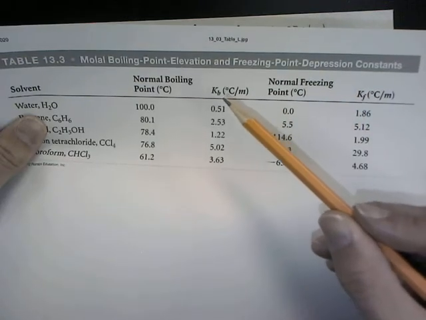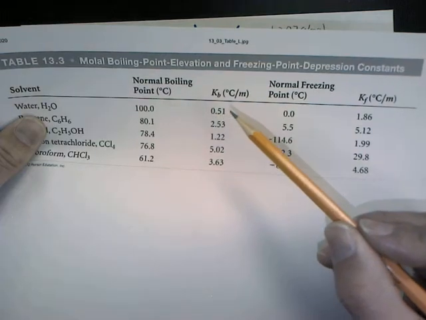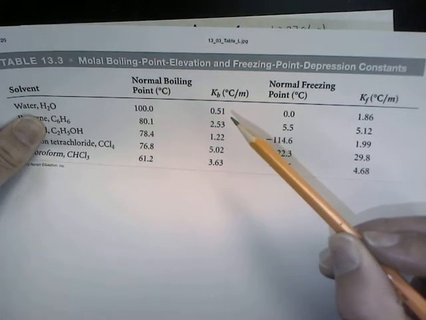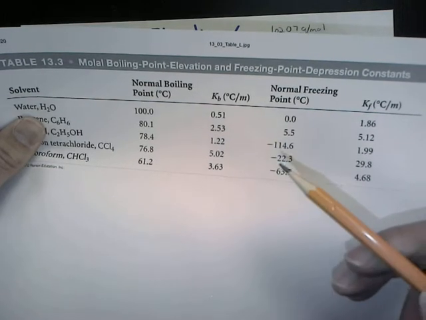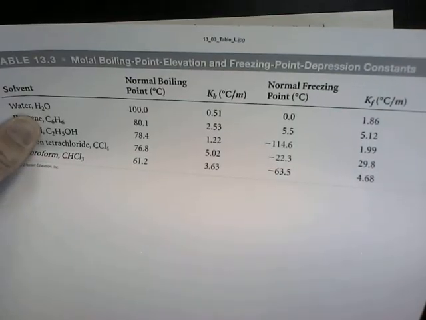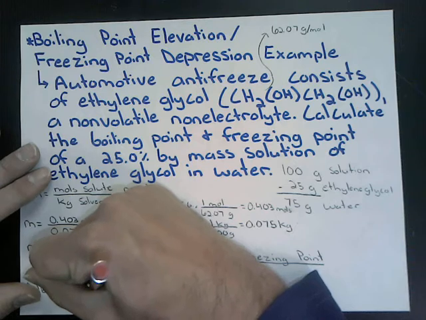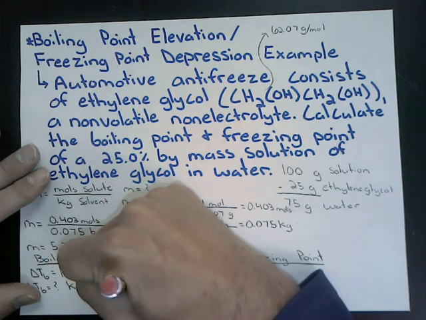So be very careful here. Go to Kb. Well, you see that Kb has a value of 0.51 degrees Celsius per m for molal. So we write down exactly what we see there of 0.51 degrees Celsius per m.